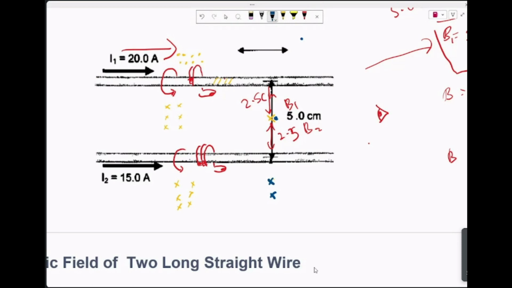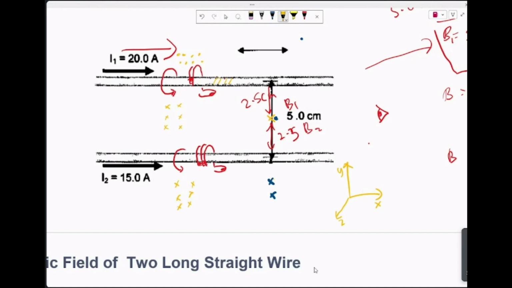Okay, so right now we need to remember the out of the page. The direction usually going to be like this. X is positive, Y is positive, and then Z is positive in this direction. All of this direction I've shown you is positive values.